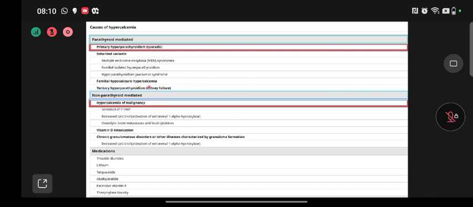Then coming to non-parathyroid mediated, in which hypercalcemia is seen, there is hypercalcemia of malignancy, vitamin D intoxication, and chronic granulomatous disorders, in which the parathyroid hormone related peptide plays a very important role in the hypercalcemia. Then coming to the medications, thiazide diuretics, lithium, excessive vitamin A, and theophylline toxicity cause hypercalcemia.